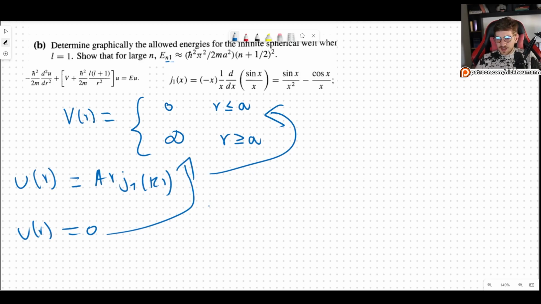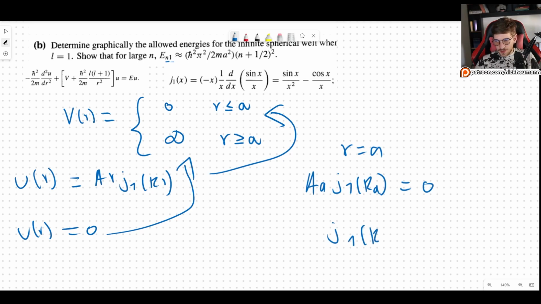Okay, so that means that for continuity, at r equals a, where those two regions meet, the wave functions need to be the same. That means that a r j1(kr), evaluating at r equals a, gives small a and small a. This has to be equal to 0, which means that j1(ka) has to be equal to 0.